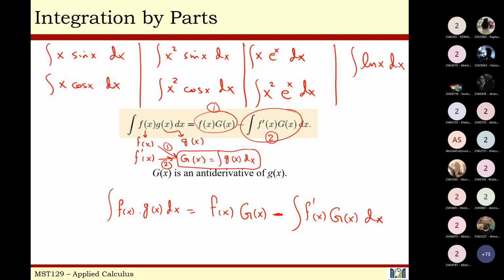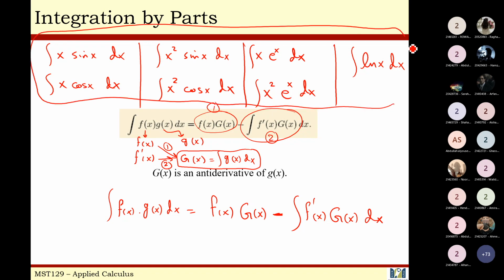So by using this technique we can solve these examples. Okay, also we can apply integration by parts in an easy way.